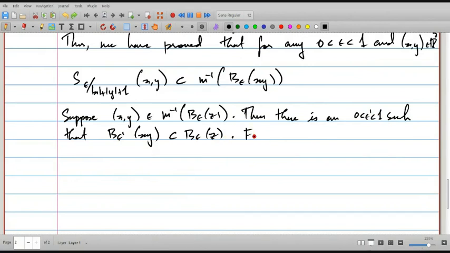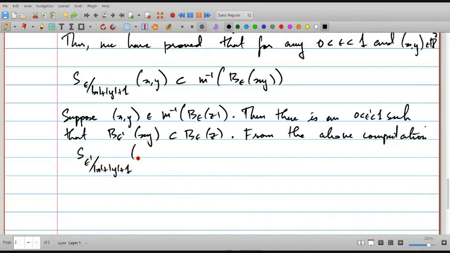So from the above computation, it follows that S of epsilon prime by mod x plus mod y plus 1 of x comma y is contained in M inverse of P epsilon prime xy, which is contained in M inverse of P epsilon z.